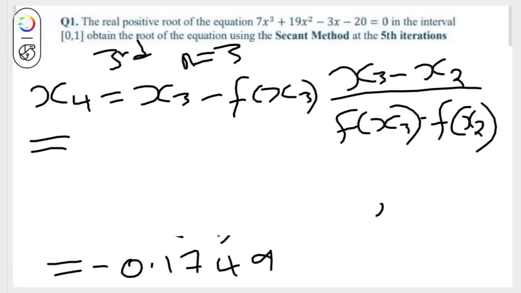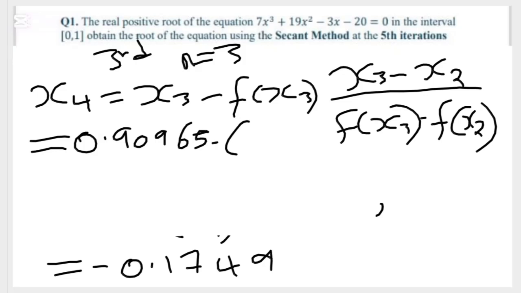If you could remember, the value of the x3 that we found is 0.965. Then I have to subtract it by the function of x of 3, which is this 0.179.